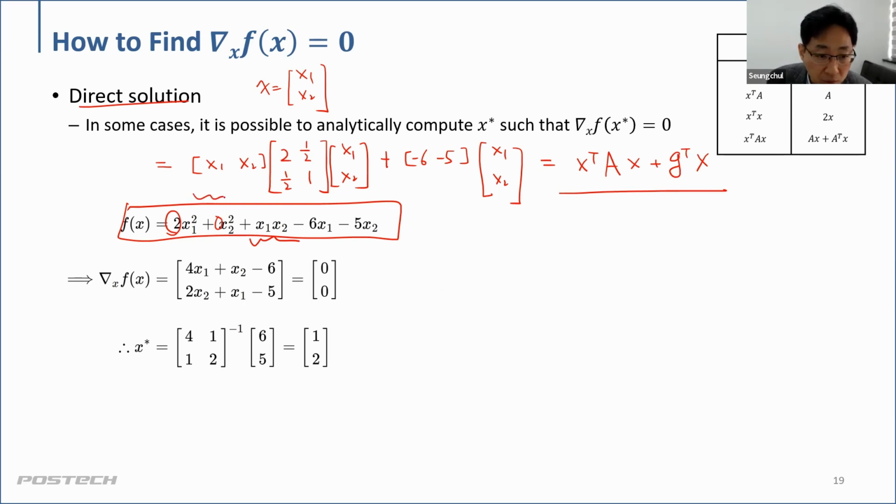And make sure you understand this process, the multiplications. The only thing is just do it by your hands. Not that difficult.